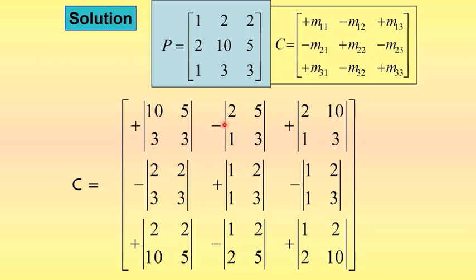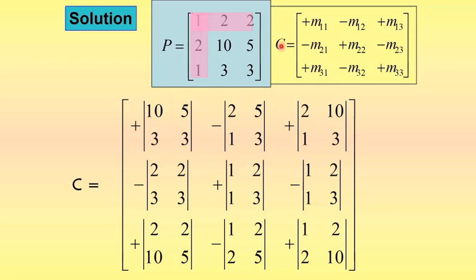So all of this we can get by eliminating certain row and column from matrix P. For example, the first entry 1 1, there we have to delete the first row and first column from P matrix. So the remaining is 10 5 3 3. Then find the determinant for the remaining.